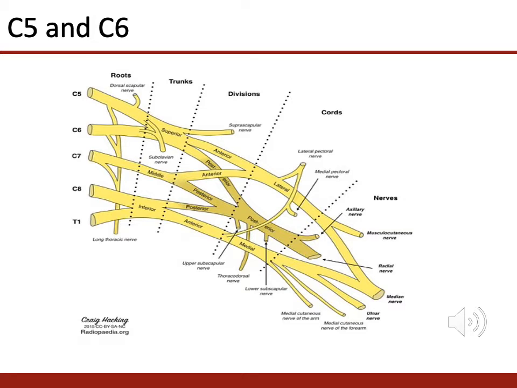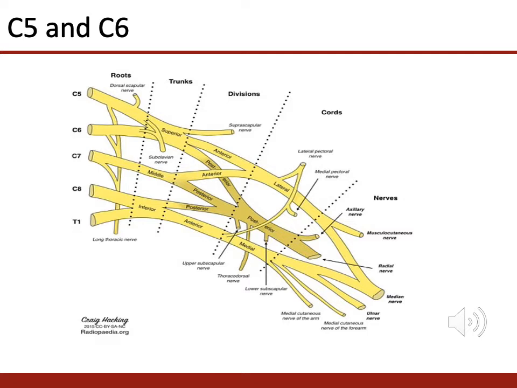So when we block C5 and C6 in the interscalene nerve block, what effect does that have? We can see here that C5 and C6 go on to form the superior trunk of the brachial plexus, and this goes on to mix with nerve supply from C7 at the division level, which then goes on to form the cords and the named nerves.